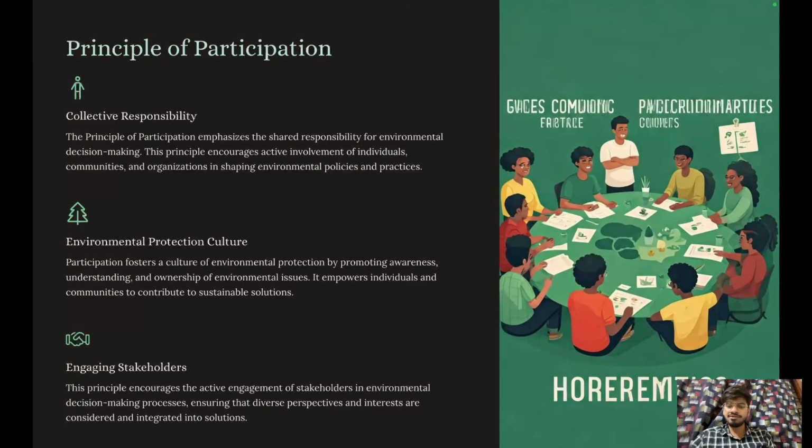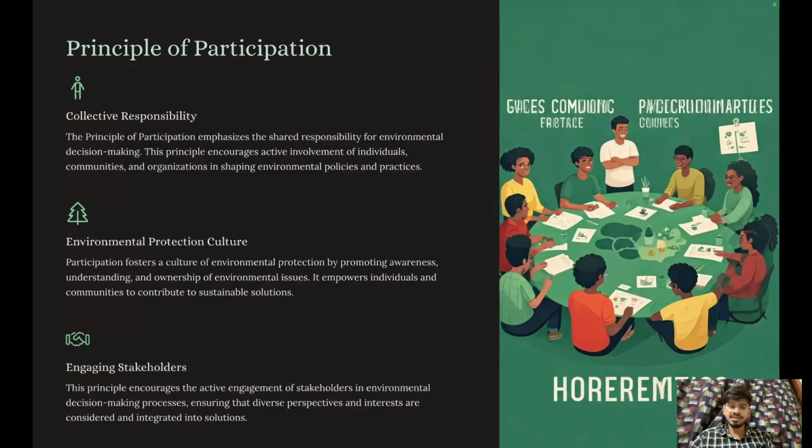And the principle of participation, collective responsibility, focuses on shared responsibility for environmental decision making. This principle encourages active involvement of individuals, communities, and organizations in shaping environmental policies and practices.